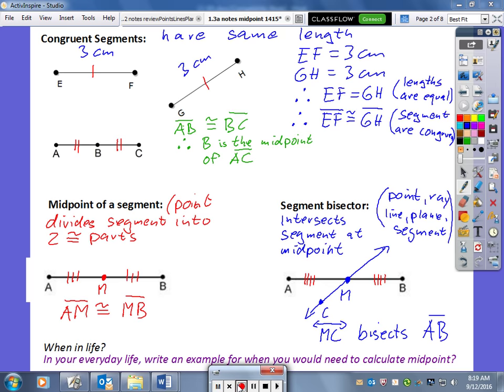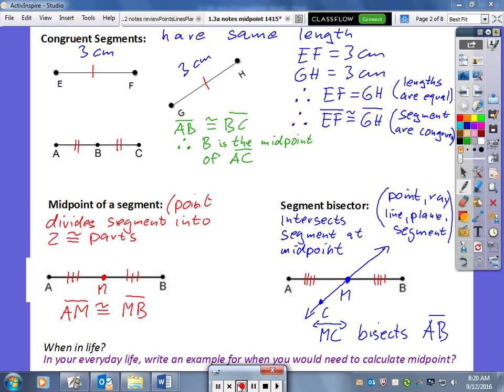In other words, going back to our first example, EF is congruent to GH, but they are not congruent to AB or BC. And AB and BC are congruent to each other. That's why they have two hash marks. But EF and GH are congruent to each other, not to the other ones. That's why they only have one hash mark.